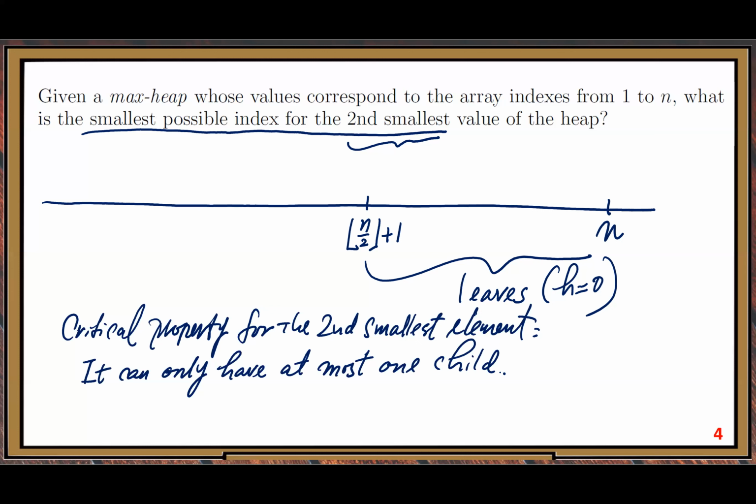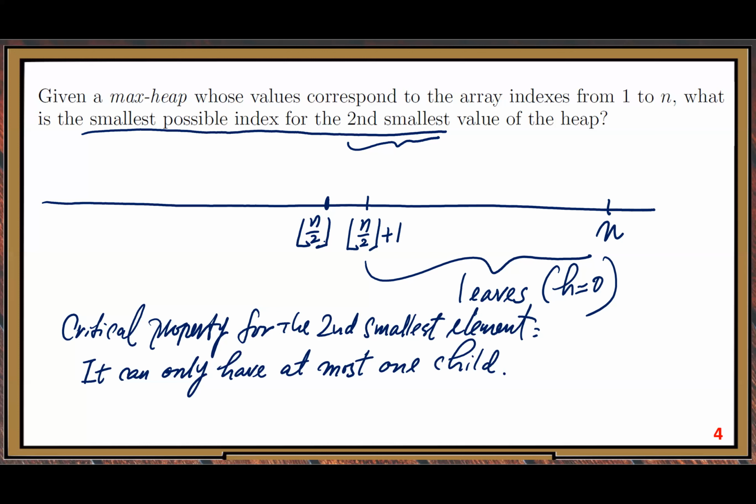Then the answer is this one, the one with position number with only one to its left. Oh, just a minute. This could have two children, right? That is a possibility, based on even or odd.